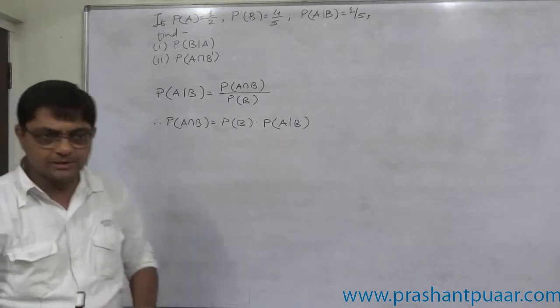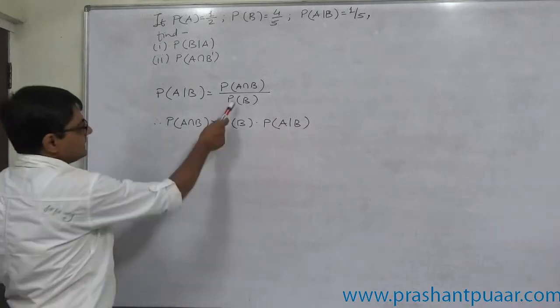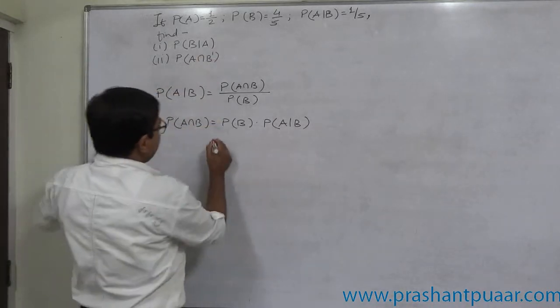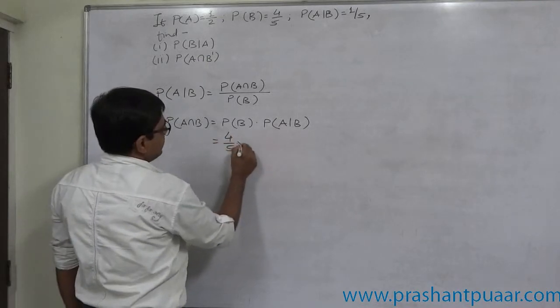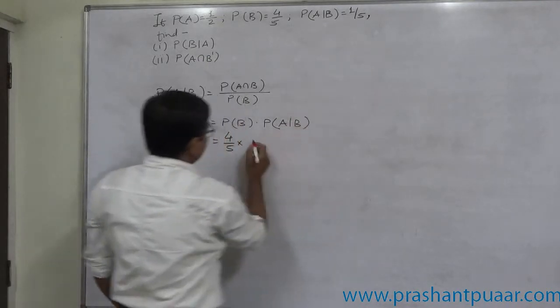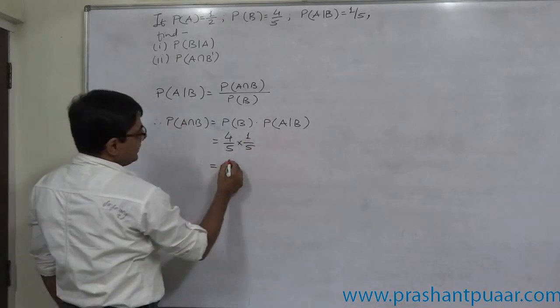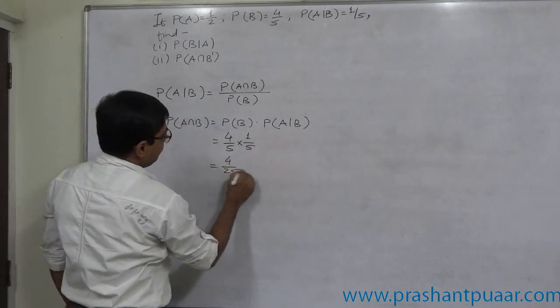The general law of multiplication of probability is a simple case of cross multiplication. So P of B is given to be 4 by 5 multiplied by P of A given B, 1 by 5. So P of A intersection B comes to 4 by 25.